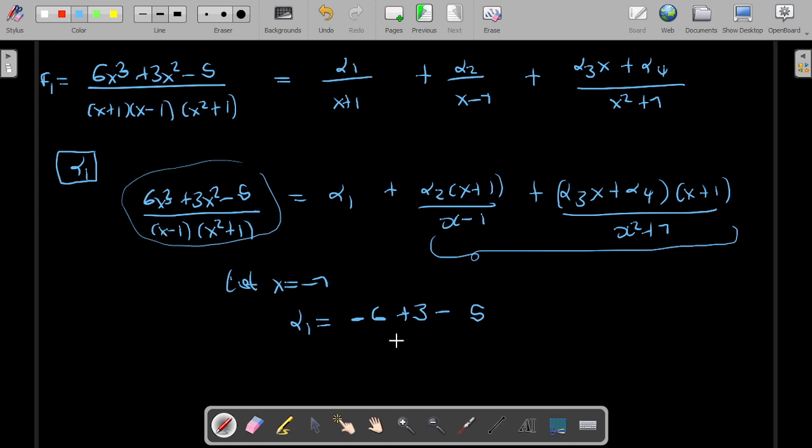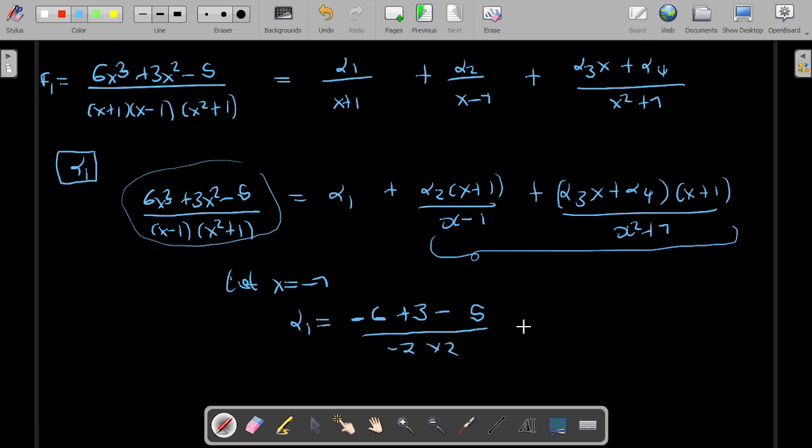Then at the bottom, we're going to have -2, and then here we're going to have 2, -2 multiplied by 2, multiplied by 3, sorry, because -1 squared is 1, and then we'll have 2 here. So yeah, it's -2 multiplied by 2.